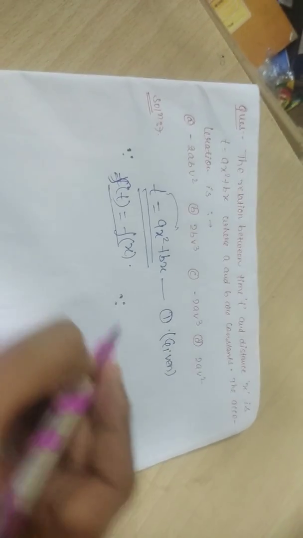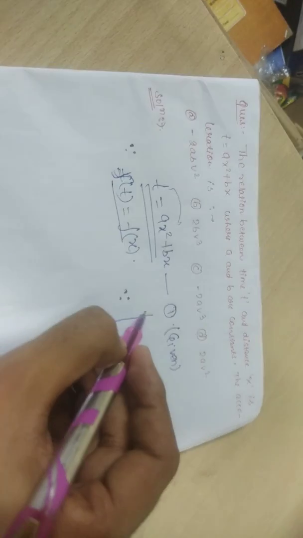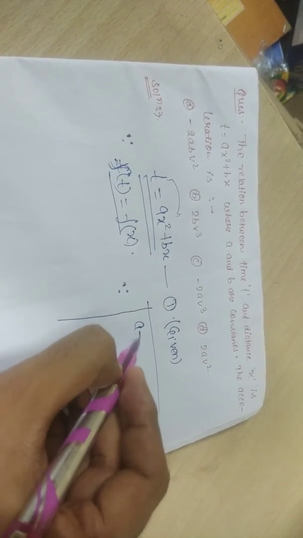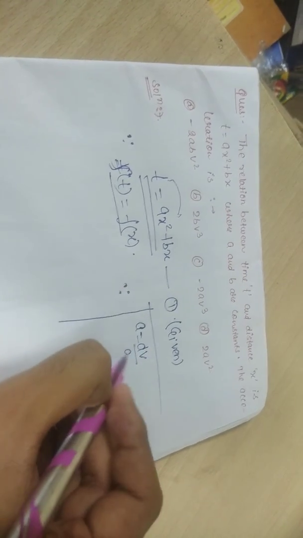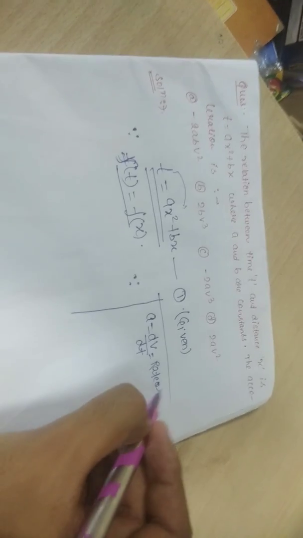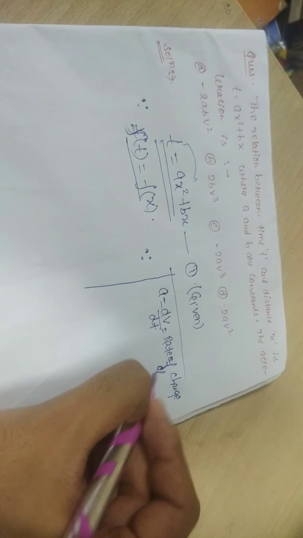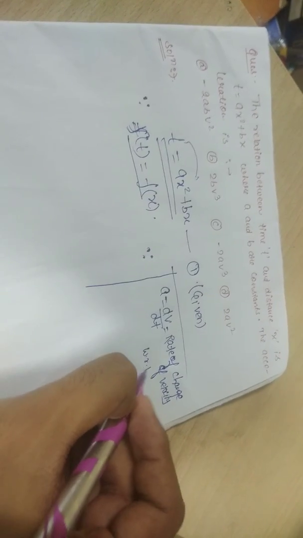For your understanding, let us take an example of how we write acceleration. Acceleration is nothing but dv by dt, which is the rate of change of velocity with respect to time.